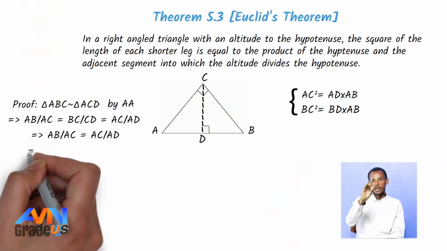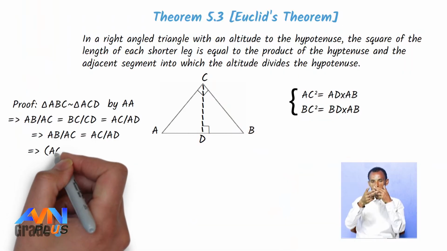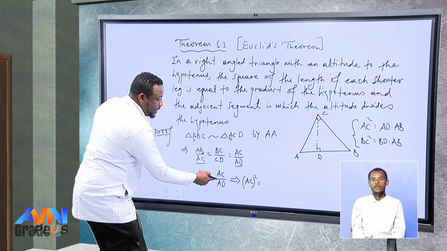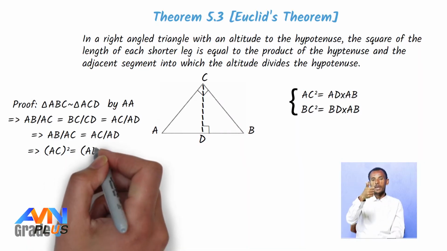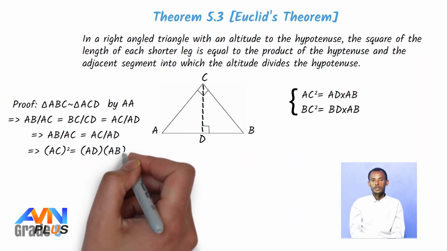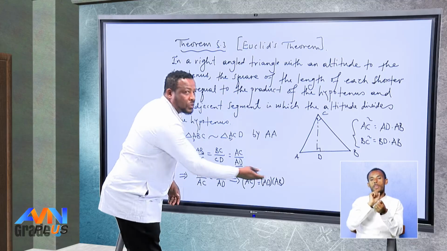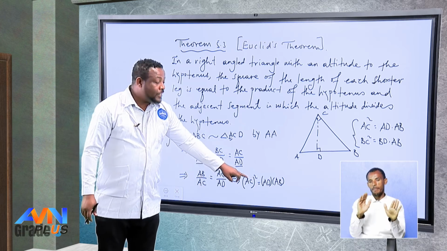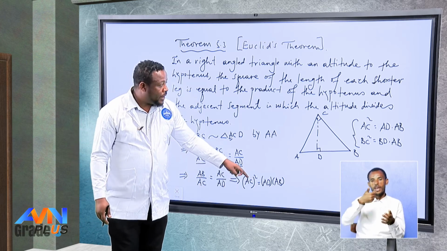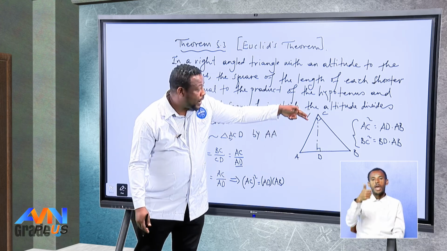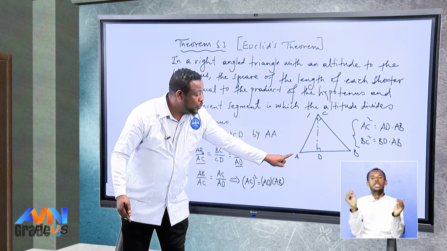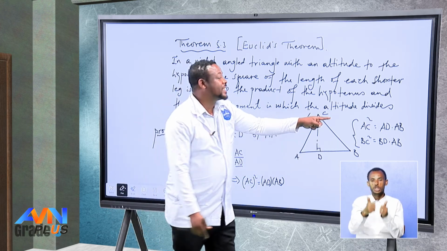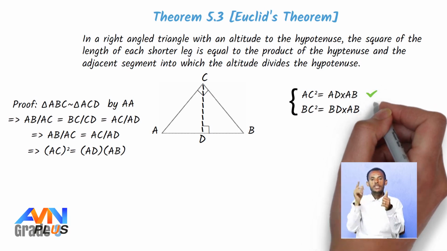This means AC times AC is AC squared, equal to AB times AD or AD times AB. Multiplication is commutative, so you can write in any order, no problem. So this tells us AC squared is equal to AD times AB, which is exactly the same as the first result, right?